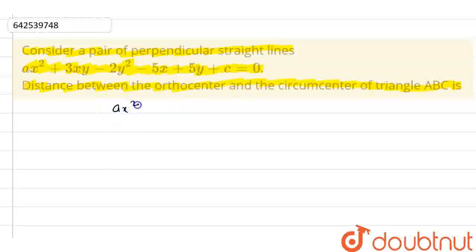So here we have ax square plus 3xy minus 2y square minus 5x plus 5y plus c equals to 0. Now these are perpendicular lines.